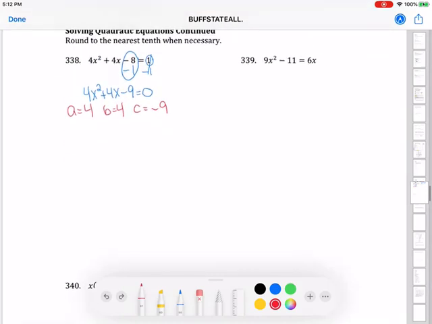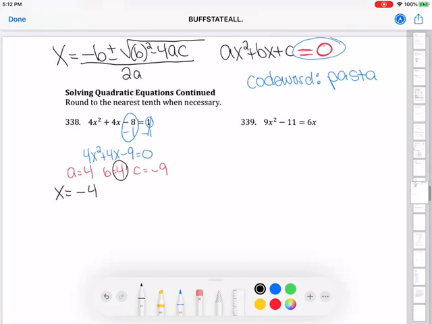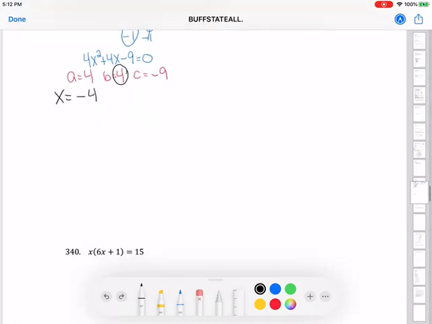So when I go to plug it into that quadratic formula that we just so conveniently wrote at the top of the page, I bring down my x, I bring down my equals, and I bring down my negative. And then I have to plug in b. For this one, b is a positive number, so that's going to stay a negative in the long run because of the negative from the formula. And my positive b, I don't have a double negative there, so it's just going to stay -4.